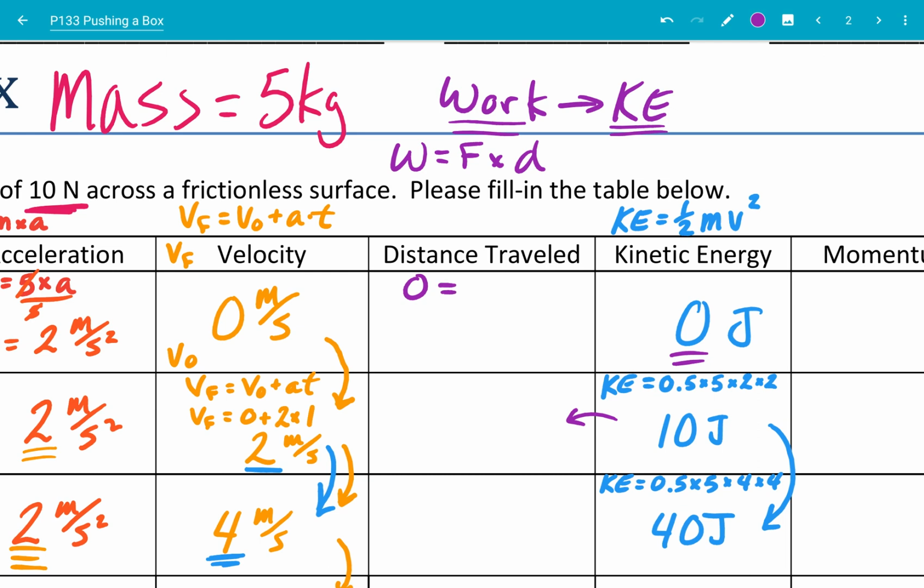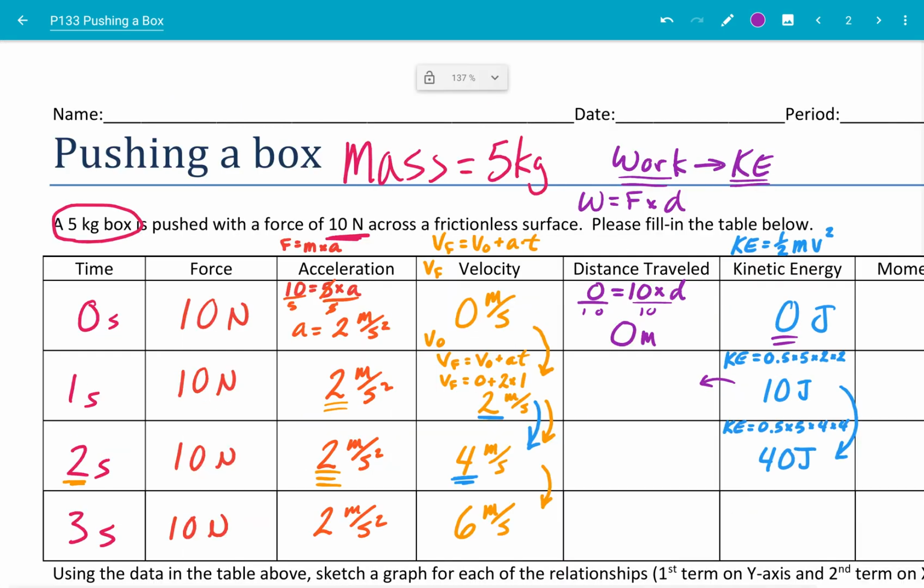That equals our force, which is 10 newtons, times some unknown distance. That's what we're trying to solve for. In this case, we would be dividing both sides by 10, and 0 divided by 10 is 0. 0 meters.